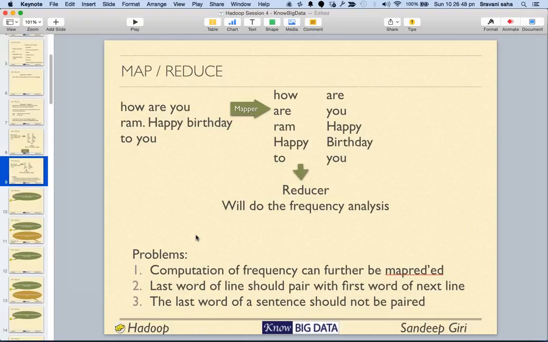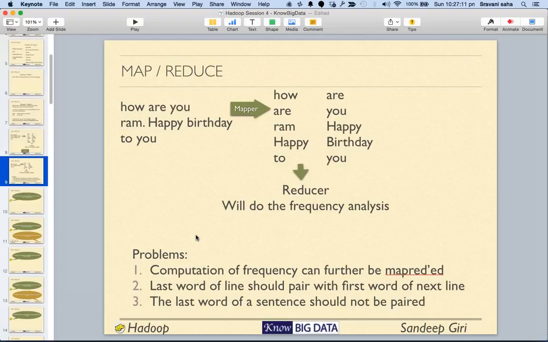Now imagine this. If you have prepositions like is, am, are, the values that follow is will be millions. Correct? There will be millions of words that follow is. Therefore, for a key called is, values will be so many that your reducer will be swamped.